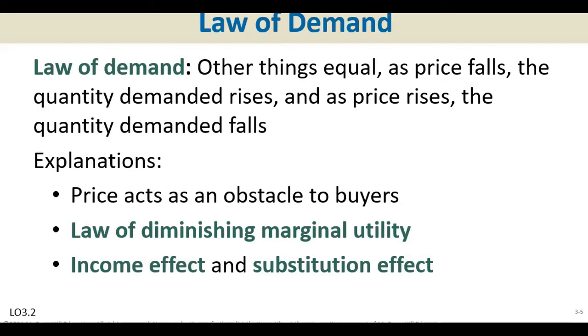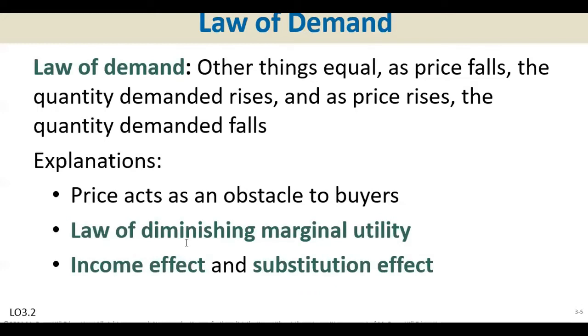Also, the law of diminishing marginal utility is one of the explanations of that inverse relationship. The income effect is what I alluded to. If your income is limited and the price of a commodity on the market falls, you have more flexibility given that limitation in your income.